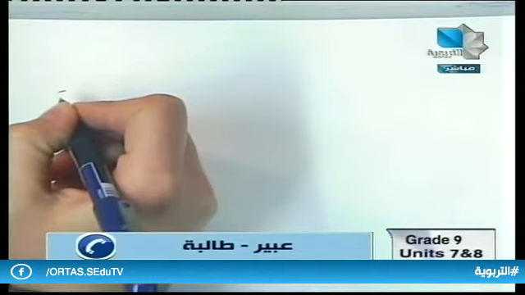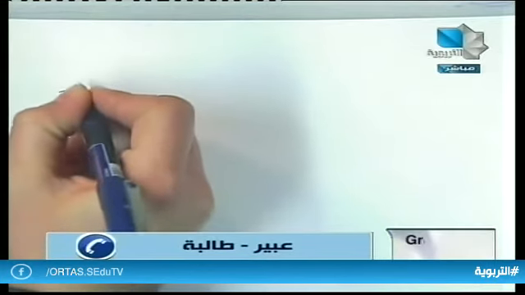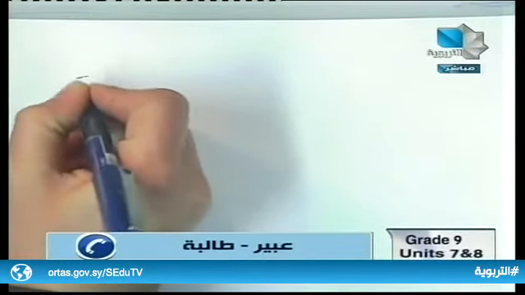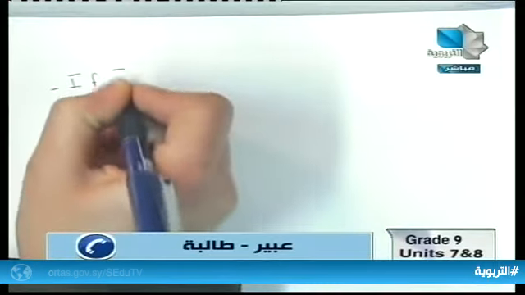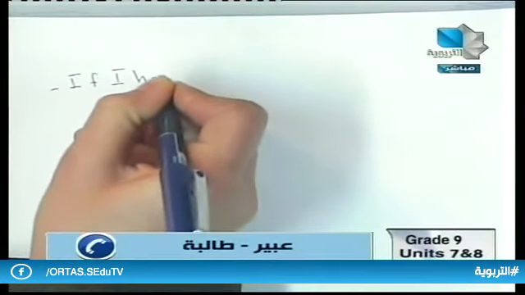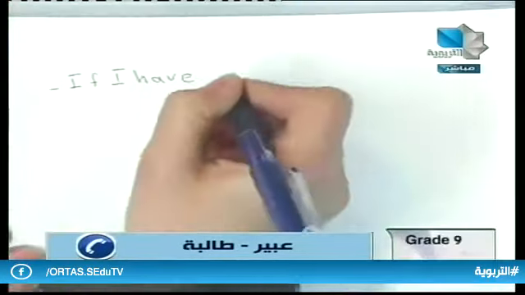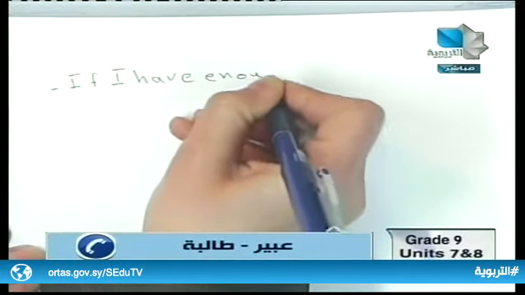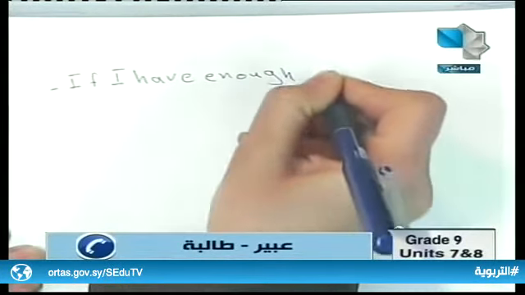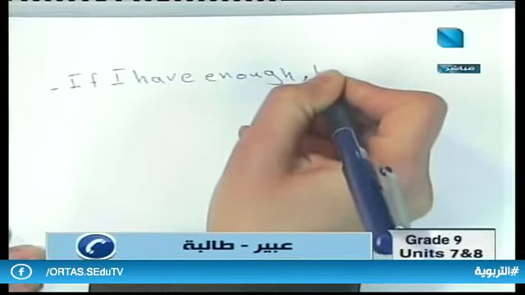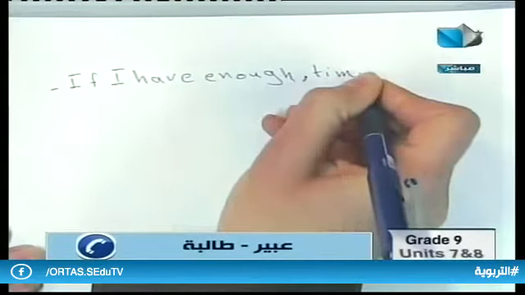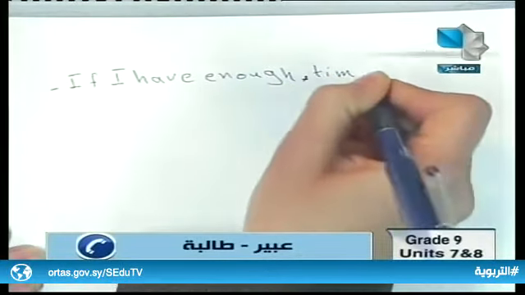Abir, let's take an example. Miss Fidan, can we write, for example, if I have enough time? Zero, yes. If I have enough time, comma, I always visit my aunt.